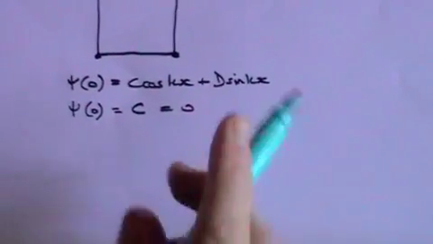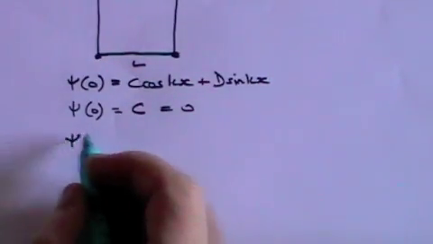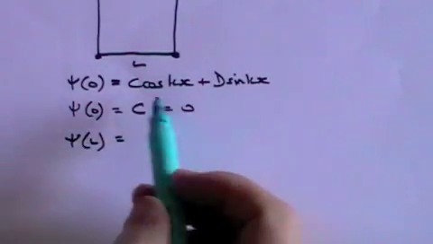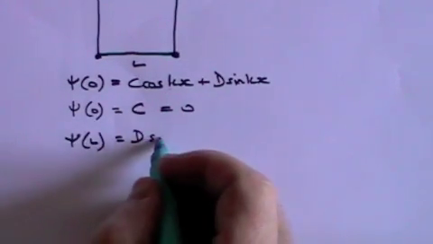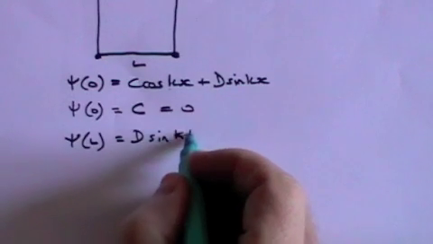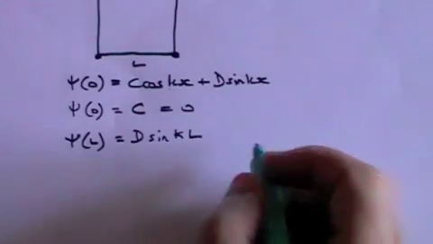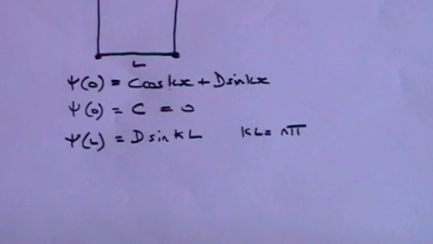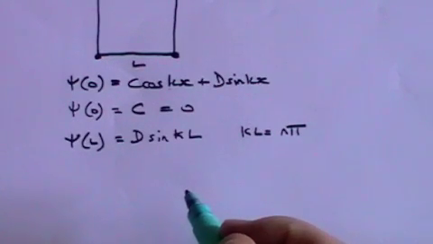What about when x equals L, that is at this point here? Well, then at x equals L, psi of L equals, well, there's no cosine term because C is 0, so it's simply D sine kL. And that is satisfied when kL equals any multiple of pi, because psi of L also has to be 0.